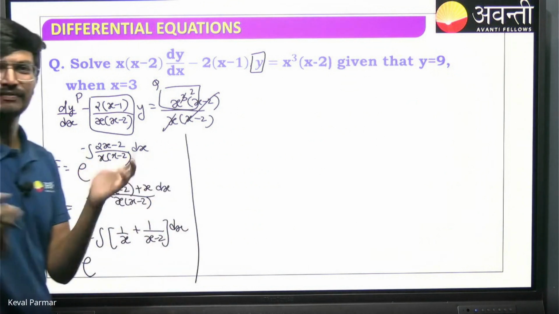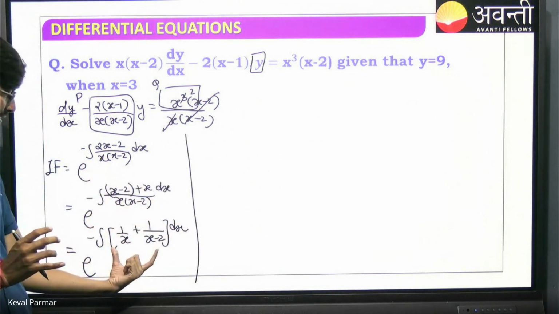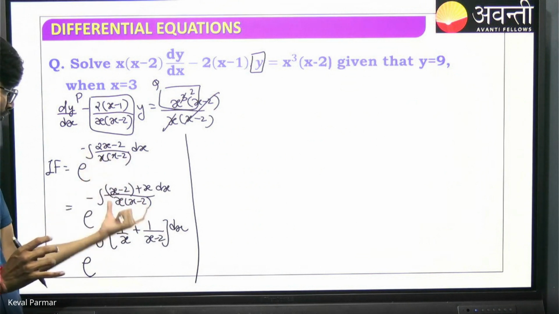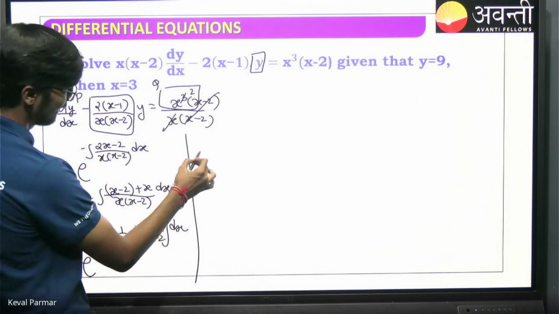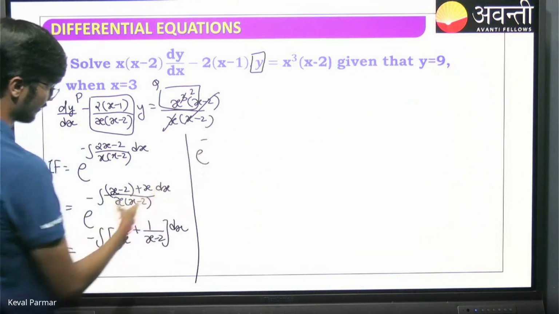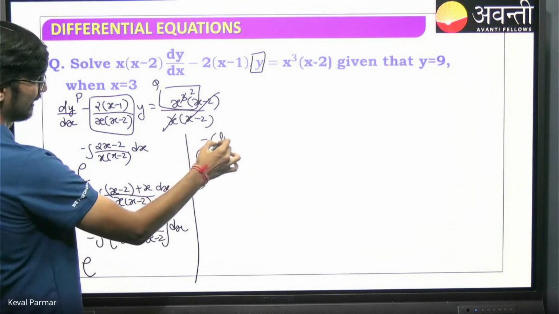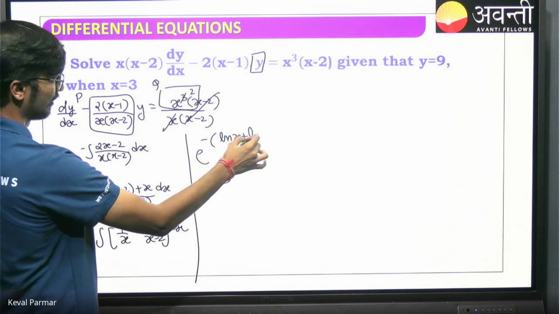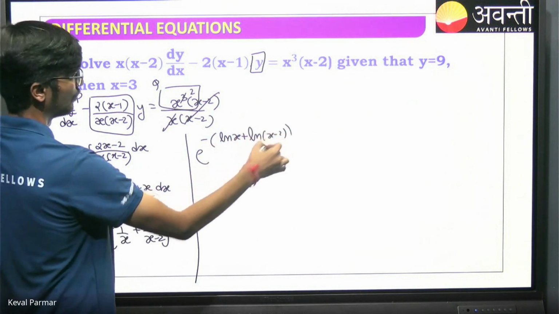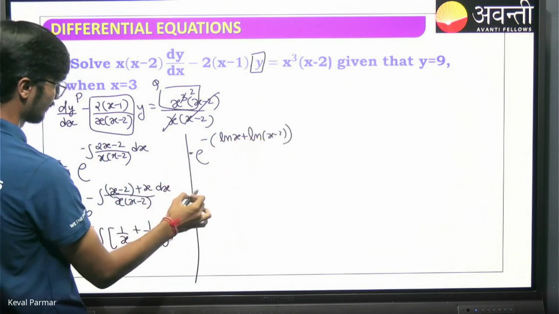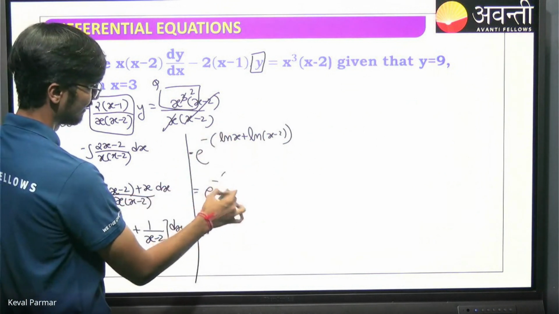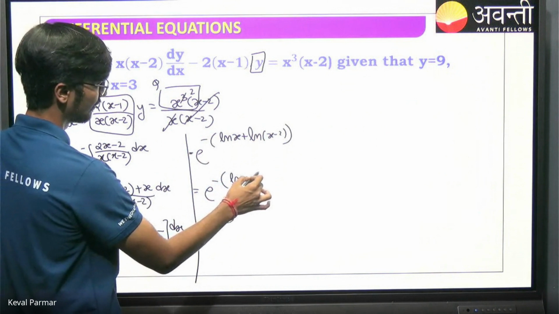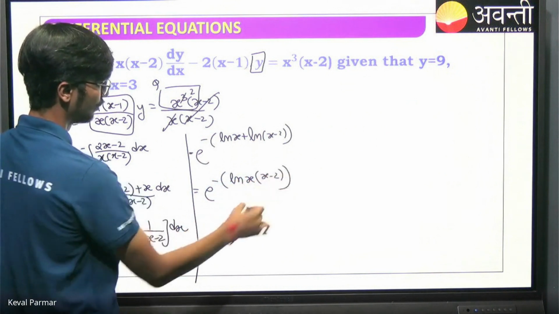If you use partial fraction, still you will get the same thing, but I directly saw this, so I can write the numerator as this. It is fast. So I'll get e raised to minus, what is this? This is ln x plus ln x minus 2. And if you add these, you'll get e raised to minus ln of x into x minus 2.